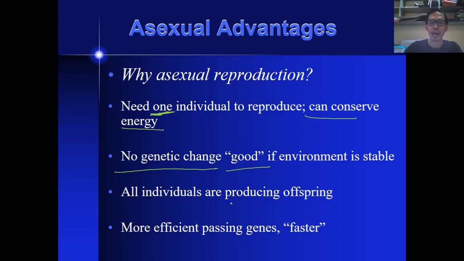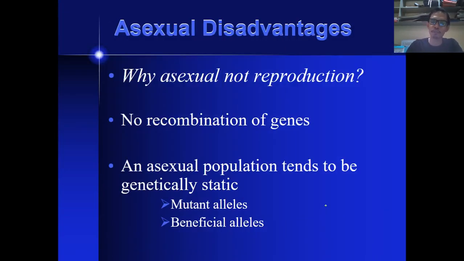Next, in terms of efficiency in passing genes, since this is a fast type of reproduction, it is efficient to pass genes from the parent to the daughter cell. It is faster than sexual reproduction in terms of passing genes. Alright, this time we will talk about the disadvantages.